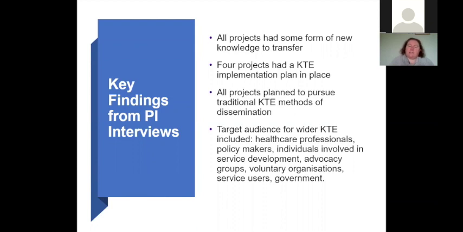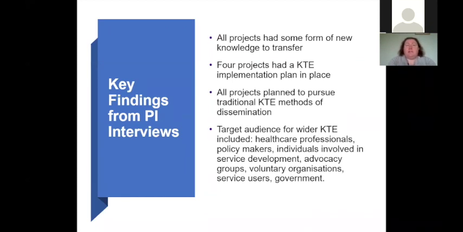And that was interesting because the target audiences for the knowledge that they had to disseminate was really, really broad. And as you can see, professionals, policymakers, service development, advocacy groups, voluntary organizations, all the way through the continuum of people. And one of the key things that we would have identified is that if you are interested in engaging with other researchers, other professionals, traditional dissemination routes may be effective.